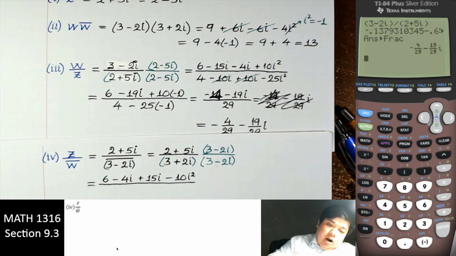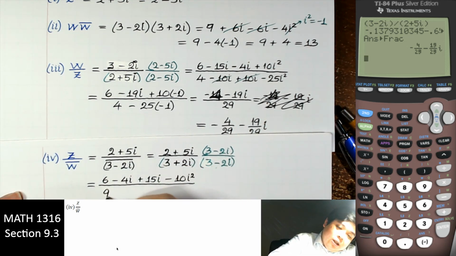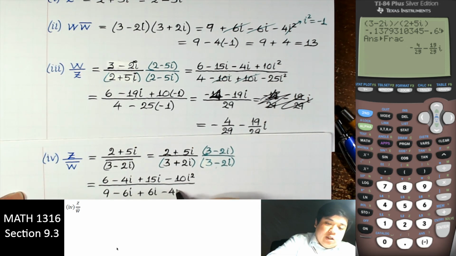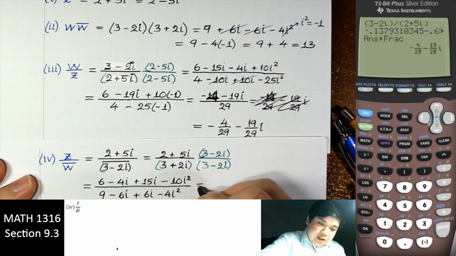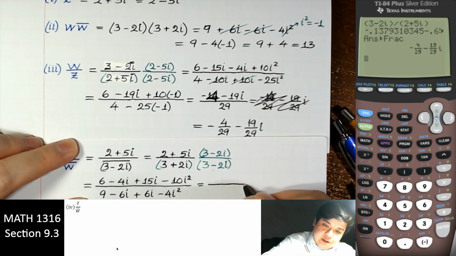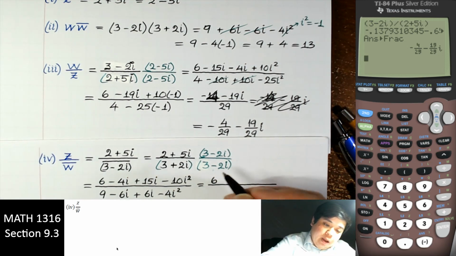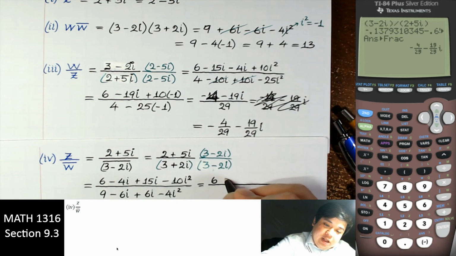And then at the bottom, 3 times 3 is 9. 3 times minus 2i is minus 6i. 2i times 3 is 6i. And 2i times minus 2i is minus 4 i squared. On top we have 6, minus 4i plus 15i is plus 11i. And i squared is negative 1.